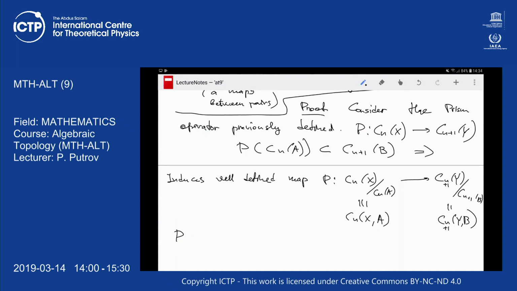And so, as before, the important property of this prism map was that dP plus Pd was equal to G sharp minus F sharp. This property was satisfied for the original map P. It will also be satisfied for the map between quotients. This still holds on quotients.